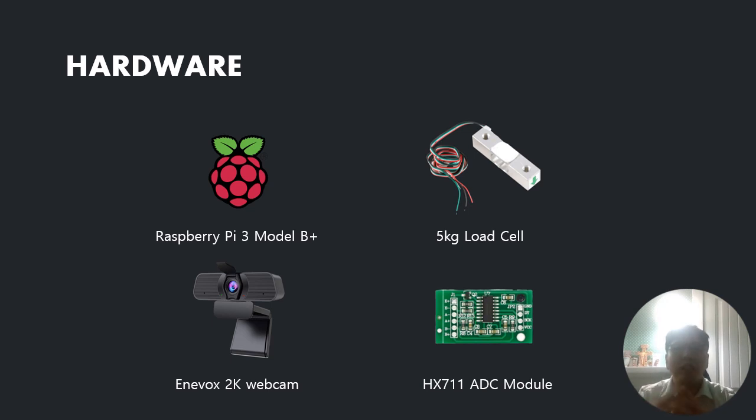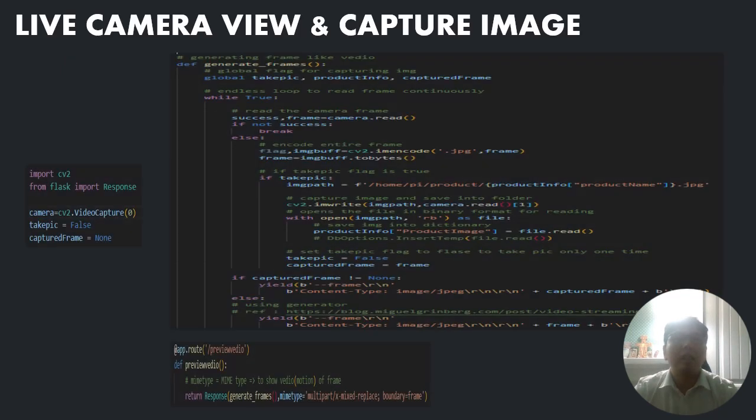For the input device system, I use the following items: Raspberry Pi, 5 kilogram load cell and camera, and the HX711 ADC module with the Python code. And this is the code that I used for capturing the products.